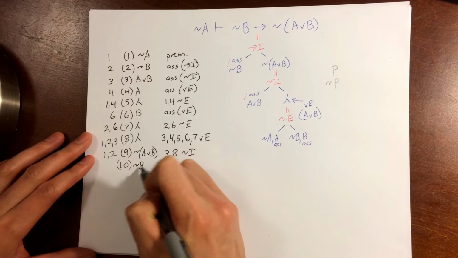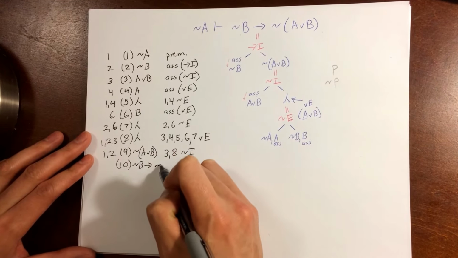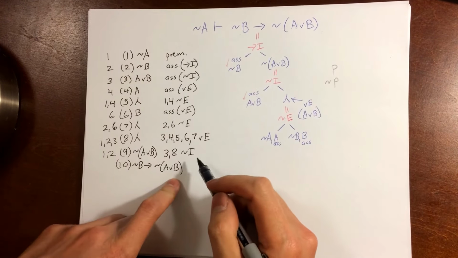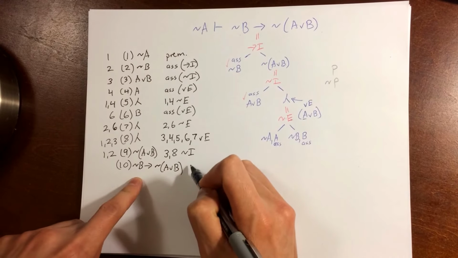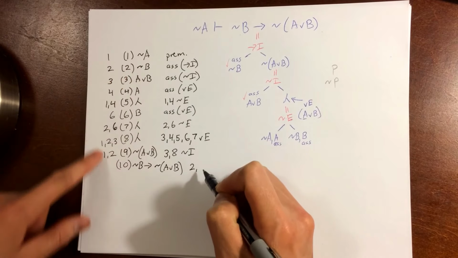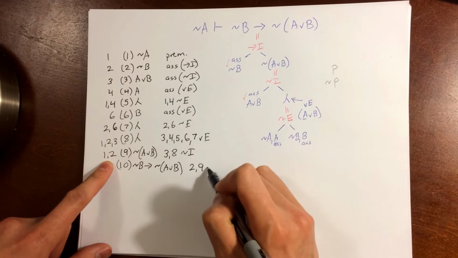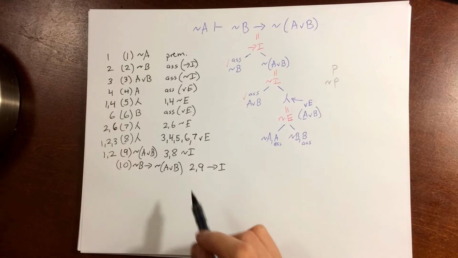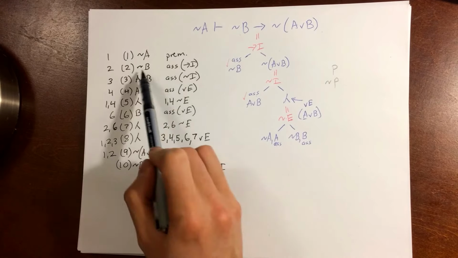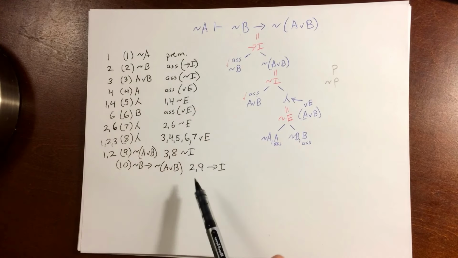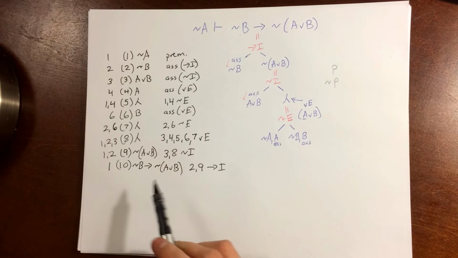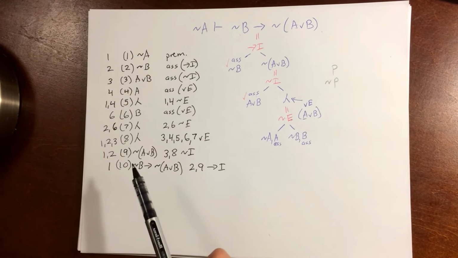If not B, then not A or B. This comes from line 2 and line 9, arrow introduction. Now the dependency number should come from 2 and 9, but because 2 is an assumption that gets used with a discharging rule, we discharge it, which means we leave it out of the dependency number, so the dependency number should just be 1.